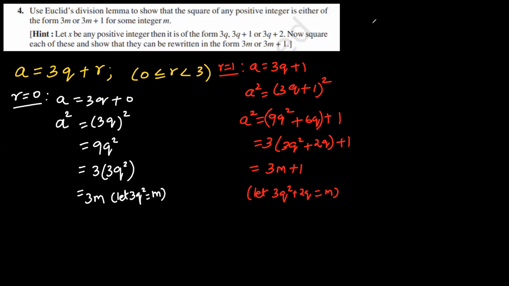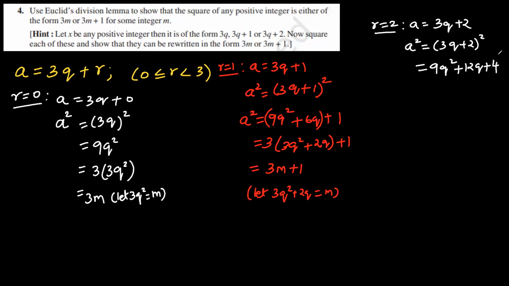And lastly, r is equal to 2, a is equal to 3q plus 2. When we square on both sides, it will be 3q plus 2 the whole square, that is 9q square plus 12q plus 4. 4, we can either write simply as 4, or we can write that as 3 plus 1. Both mean the same.